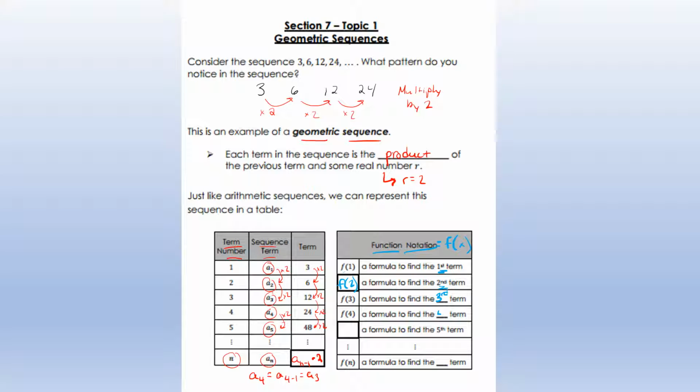F4, a formula to find the fourth term. What would be a formula to find the fifth term? F5. So for any number in the sequence, if we're looking not for a specific number, 1, 2, 3, 4, 5, what if we're looking for F of n? Well, that's a formula to find what we would call the nth term in the sequence, and that n stands for any number in the sequence. So n could be any number. It could be the 12th term, it could be the 100th term, it doesn't matter. N is any number that we're looking for in a particular sequence.